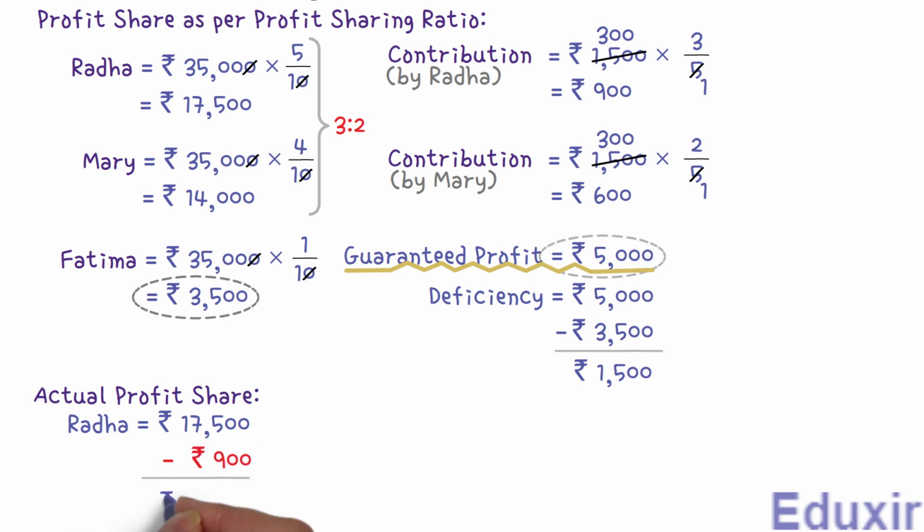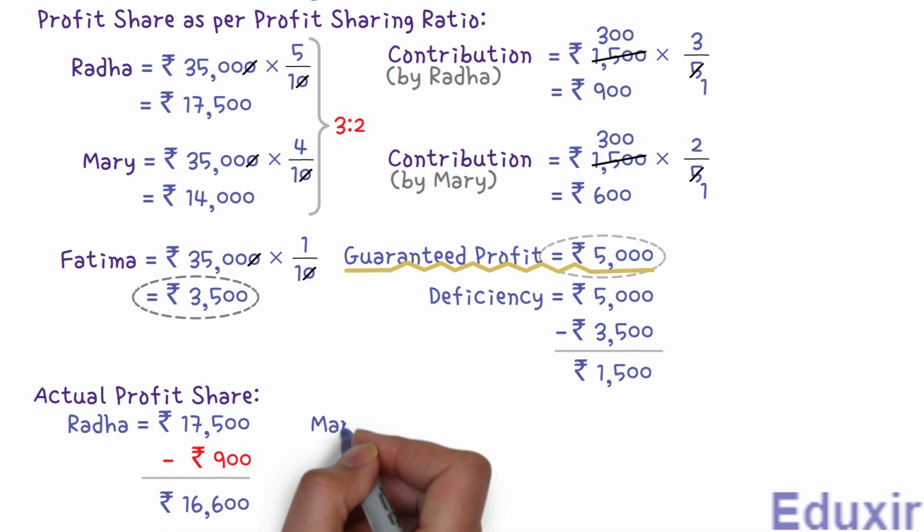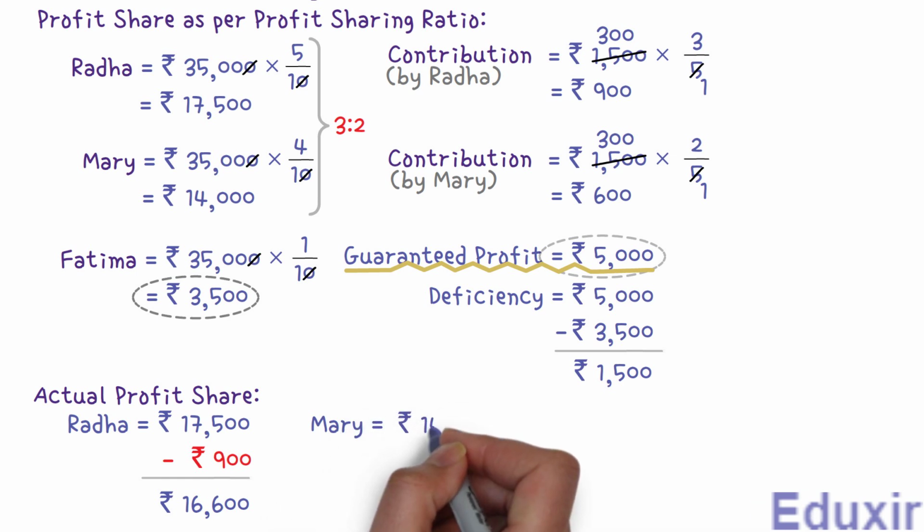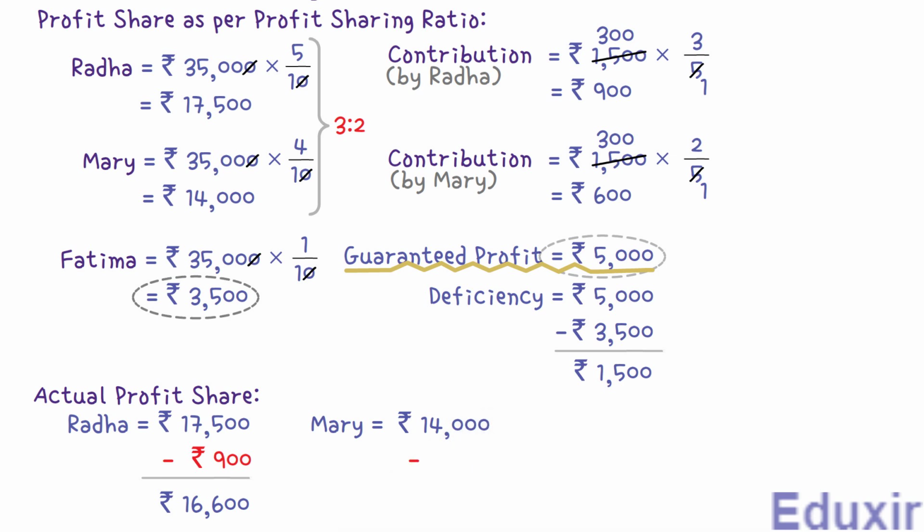Subtracting, we get 16,600 rupees. Now, the actual profit share of the partner Mary is equal to her share of profit as per the profit sharing ratio, which is 14,000 rupees, minus her contribution to the deficiency in partner Fatima's profit share, which is equal to 600 rupees. Subtracting, we get 13,400 rupees.